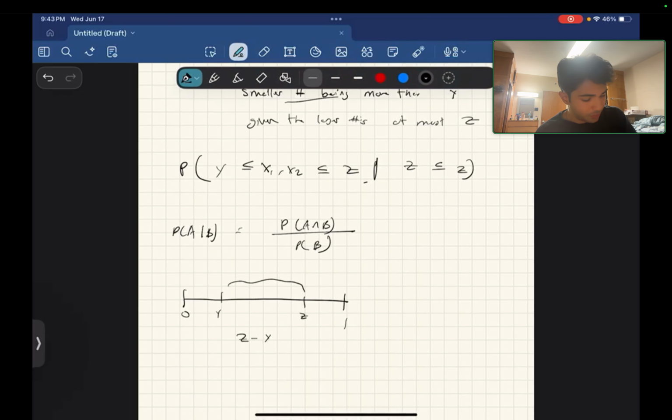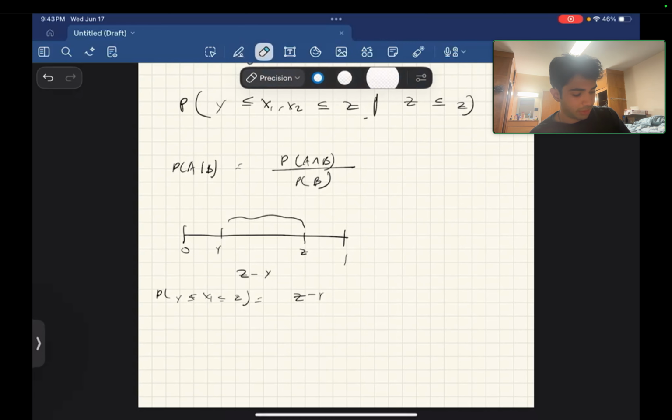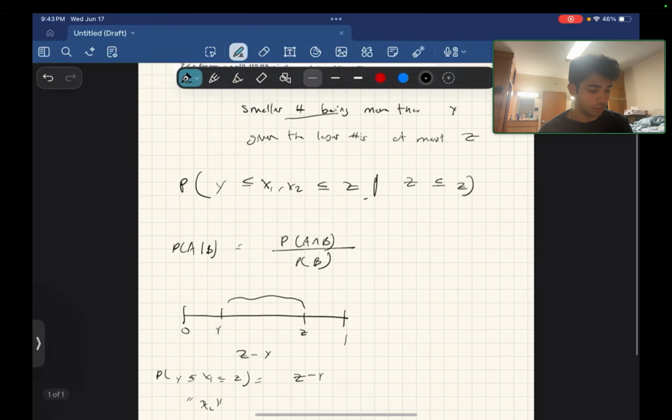So the chance that x1 is between y and z will be the length itself, so z minus y. And then x2 will be the same thing, right? Because they're independent, and they have the same distribution, that's identical distribution.